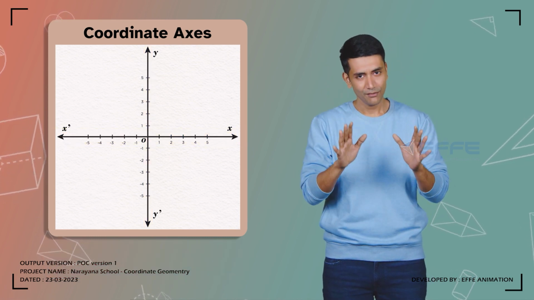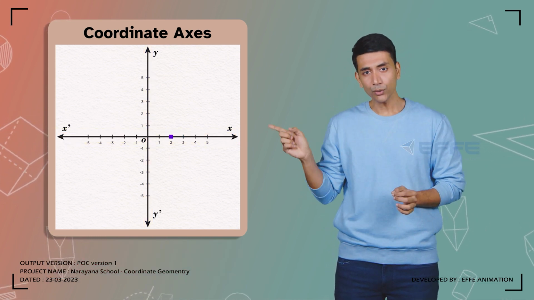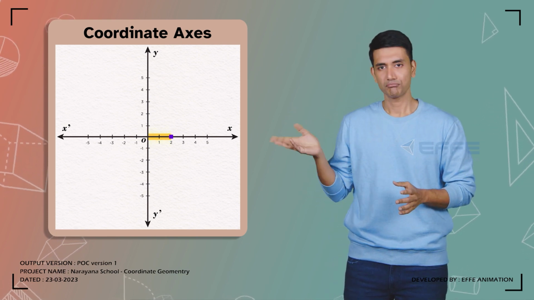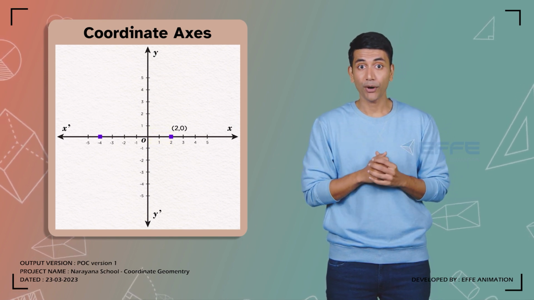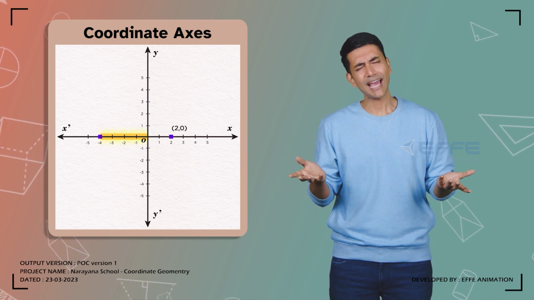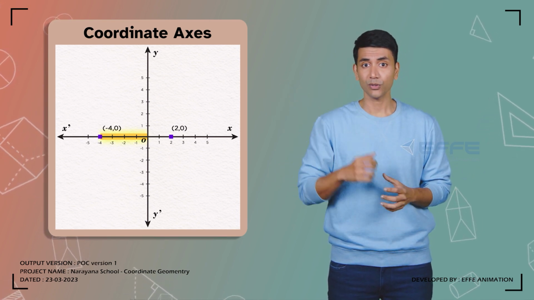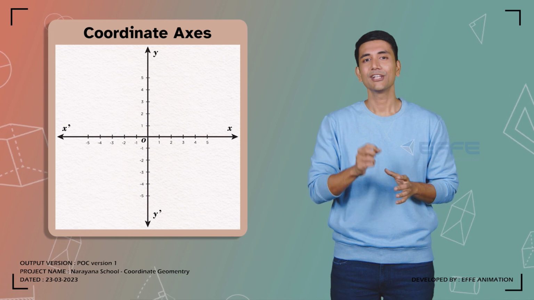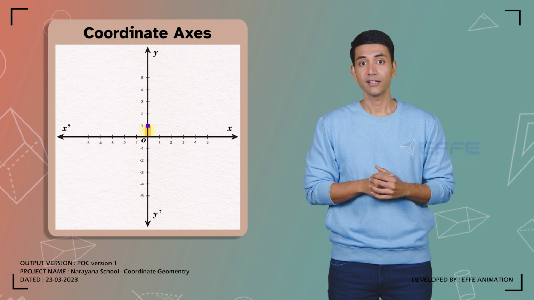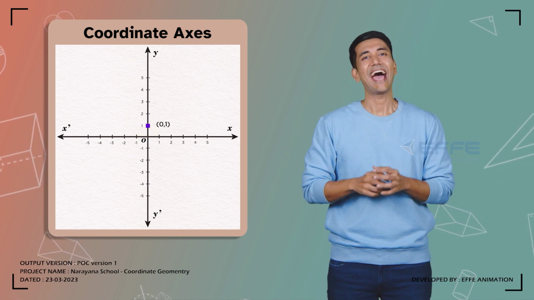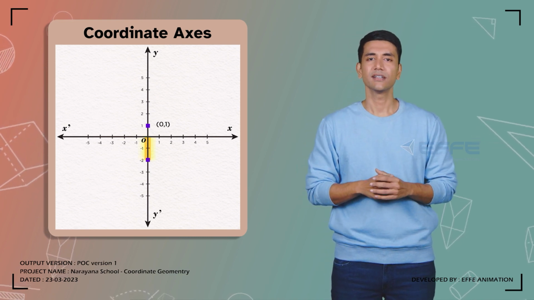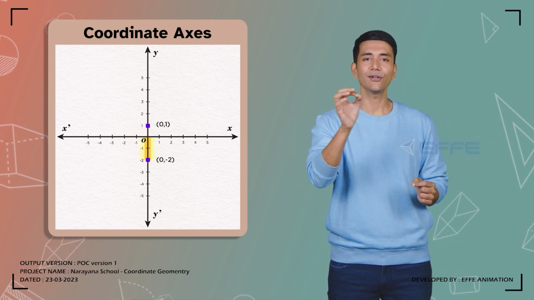For example, point 2 here on the positive x-axis has coordinates (2, 0) and the point -4 on the negative x-axis will have coordinates (-4, 0). Similarly, the coordinates of point 1 on the positive y-axis is (0, 1) and the point -2 on the negative y-axis will have coordinates (0, -2).